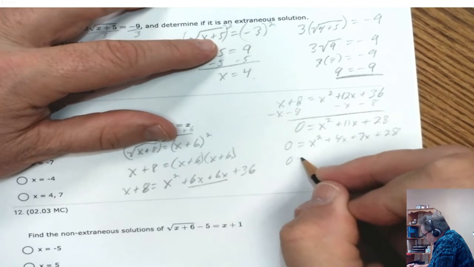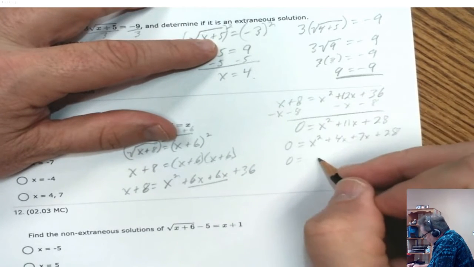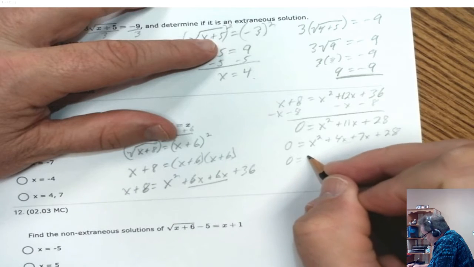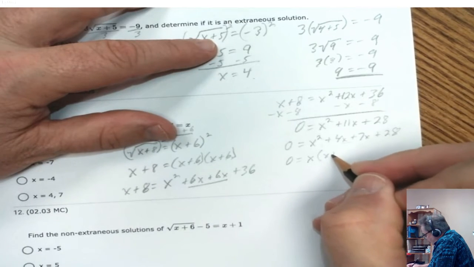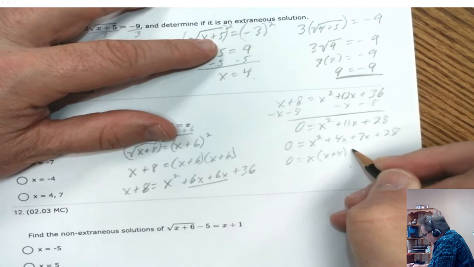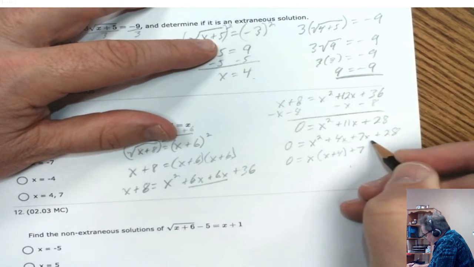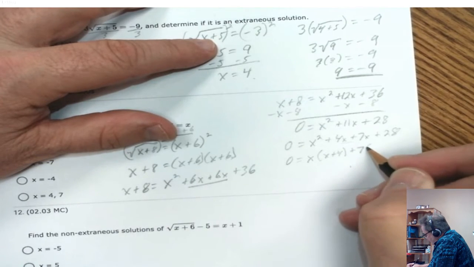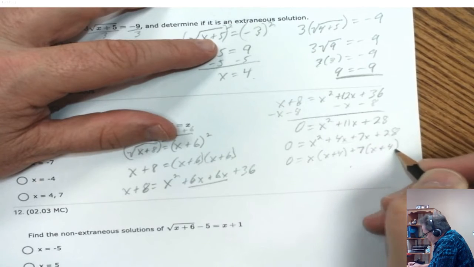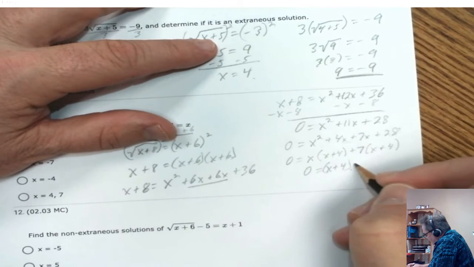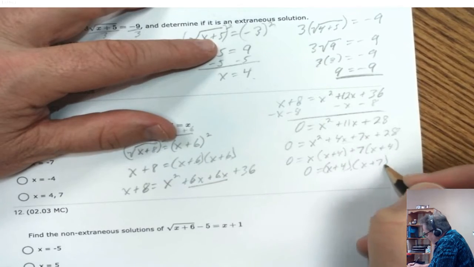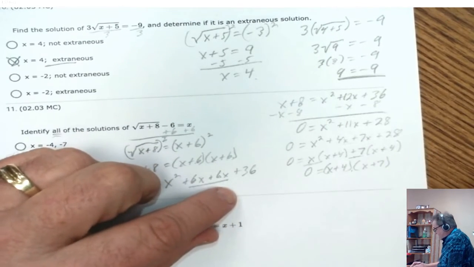All right, so we can factor out an x, and it leaves x plus 4. And here we can factor out a 7 out of those two terms. That leaves an x plus 4. So 0 is x plus 4 times x plus 7, because this is the x plus 7.